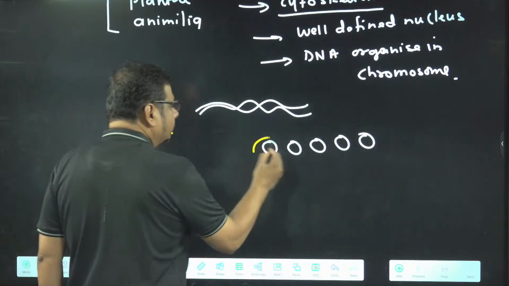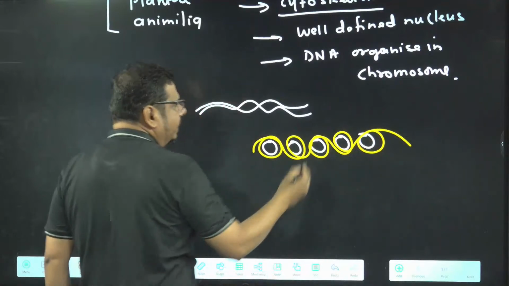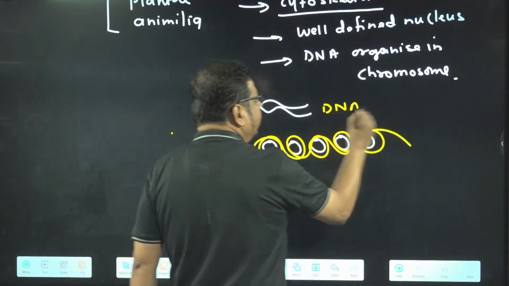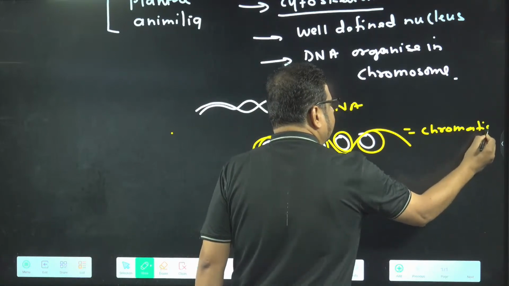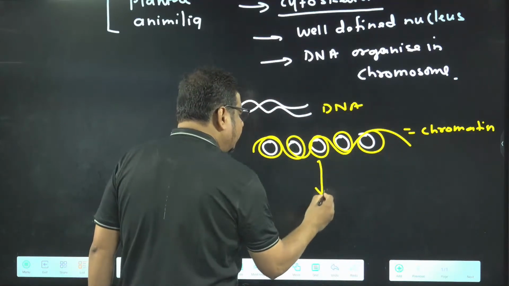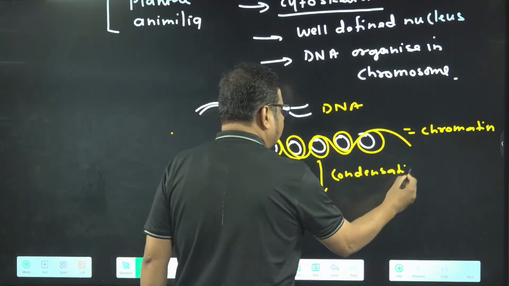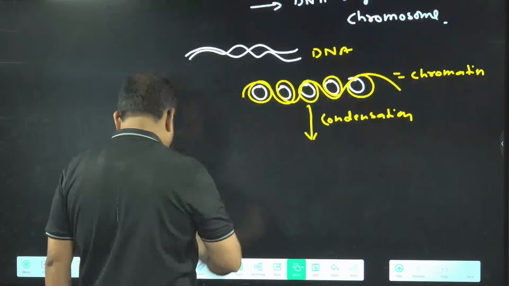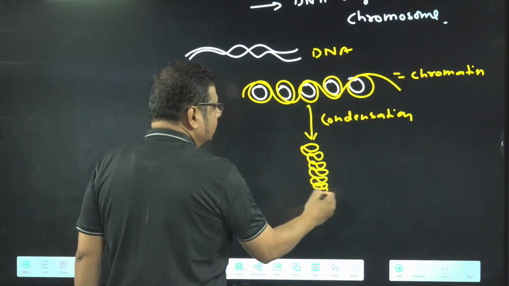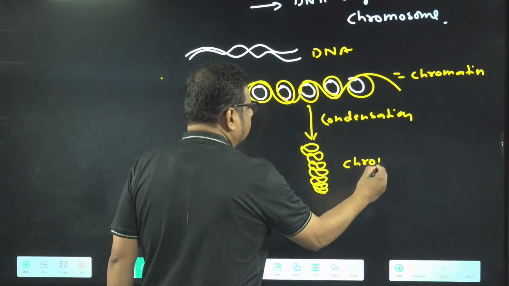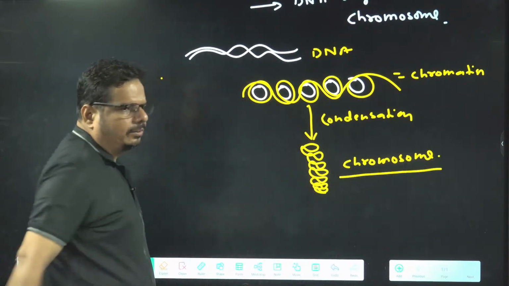Histone protein. Then after wrapping, it is called chromatin. When chromatin goes for condensation, what is going to form? Chromosome is going to form. So this is about the eukaryotic cell.